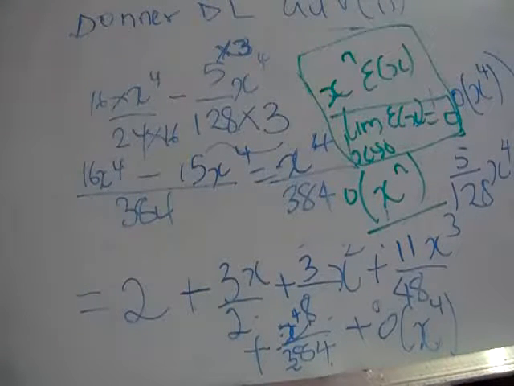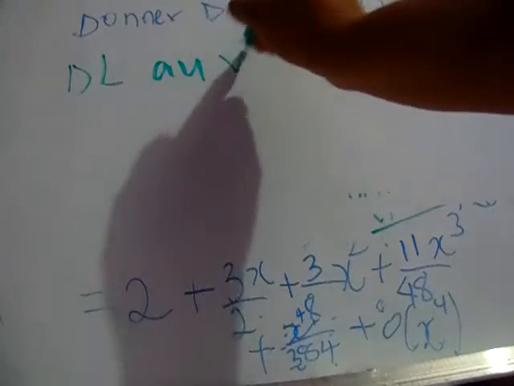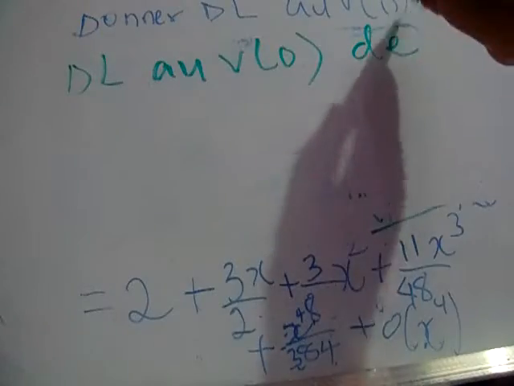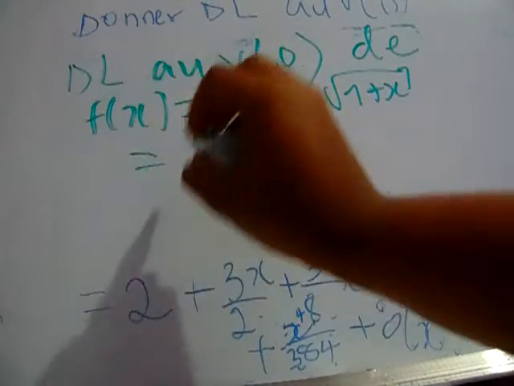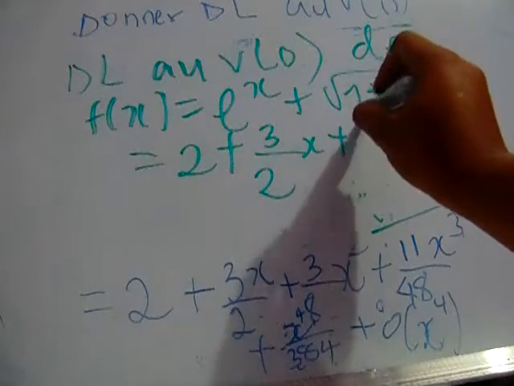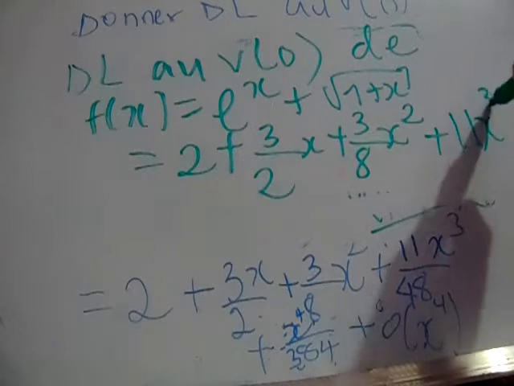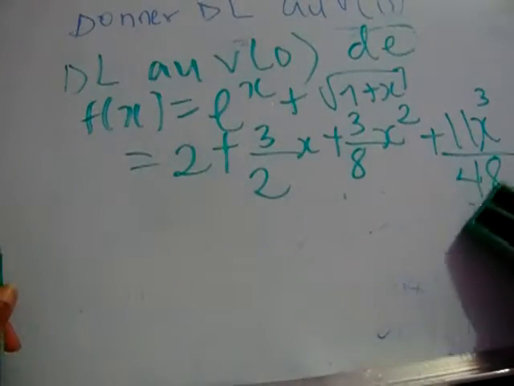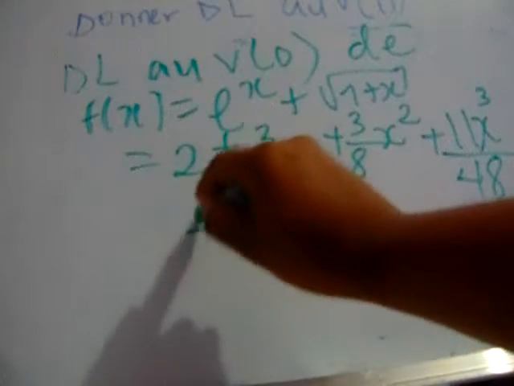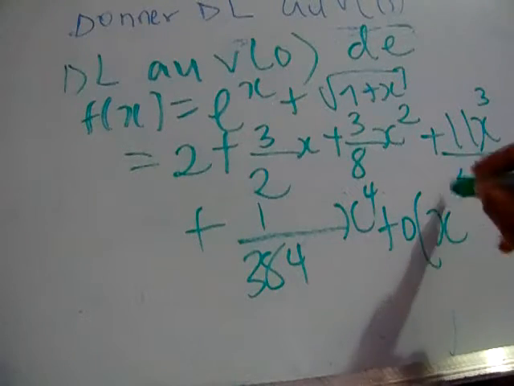So finally, write this. The DL at 0 of f of x equal to exponential x plus the square root of 1 plus x is equal to 2 plus 3 over 2 x plus 3 over 8 x squared plus 11x³ over 48 plus 1 over 384 x⁴ plus little o of x⁴.